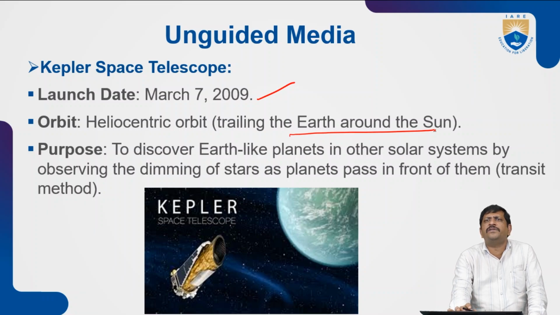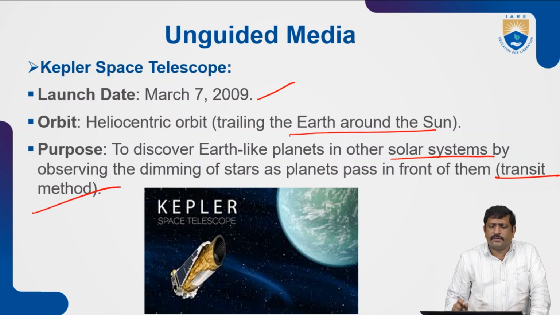The purpose is discovering Earth-like planets in other solar systems, by observing the dimming of stars as a planet passes in front of them.